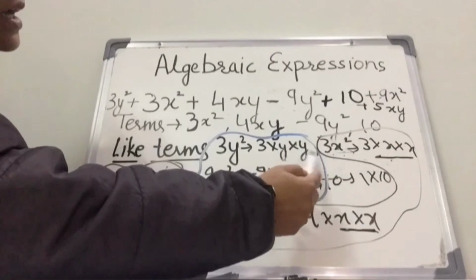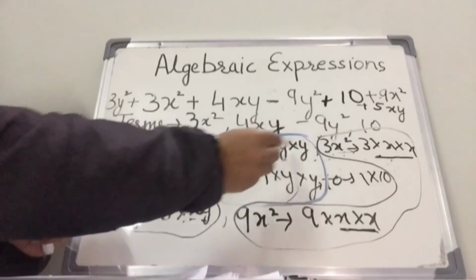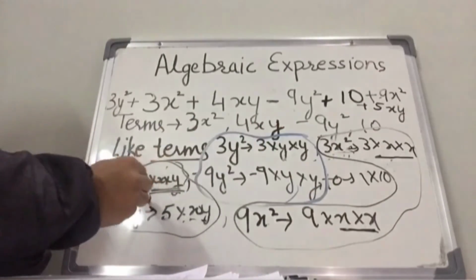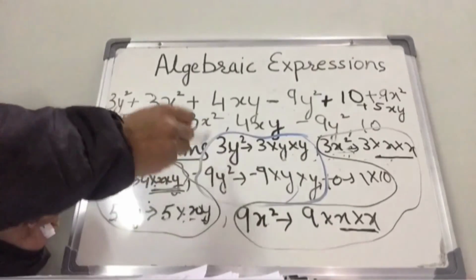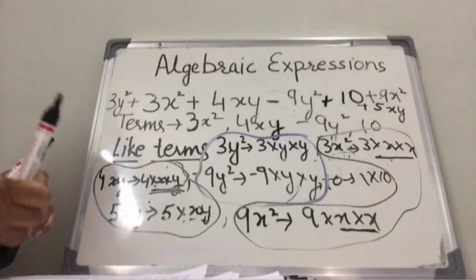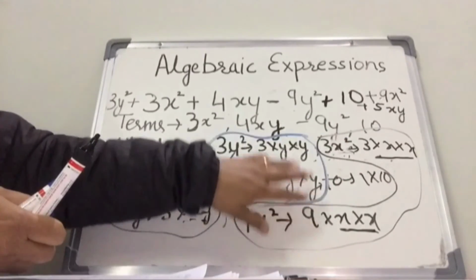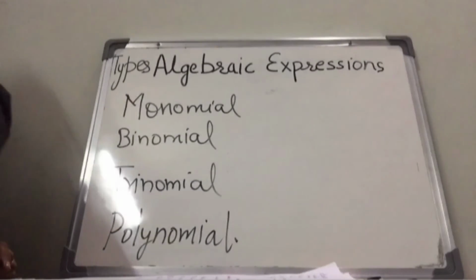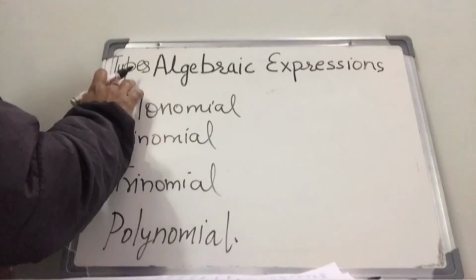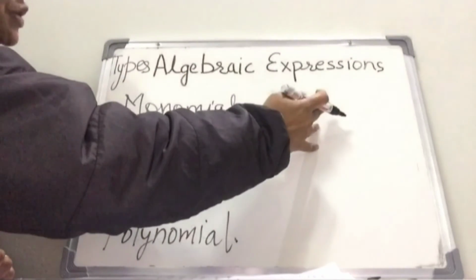So they are unlike terms. These two are unlike terms. So in this expression, we see that there are three pairs of like terms and we have many pairs of unlike terms. Now we'll learn about types of algebraic expressions.